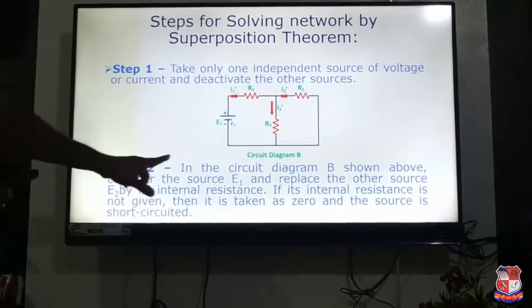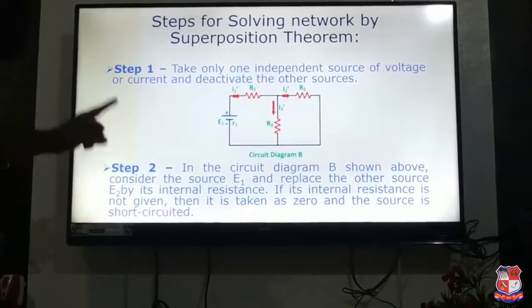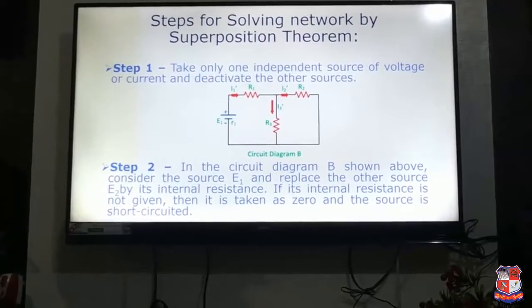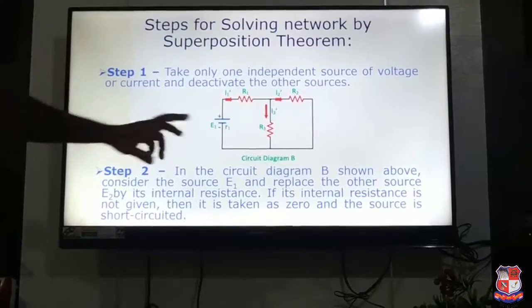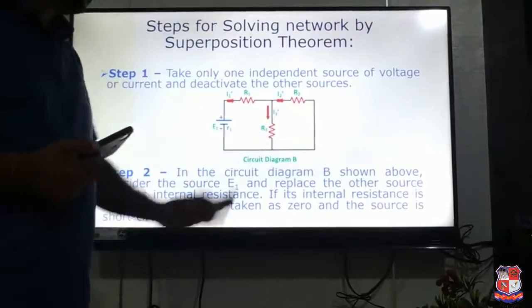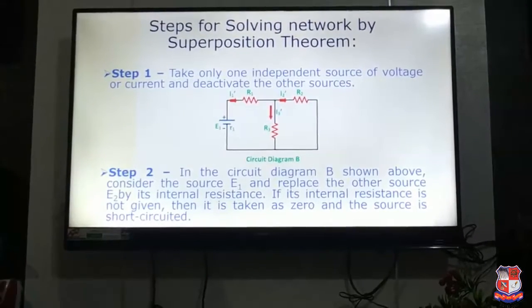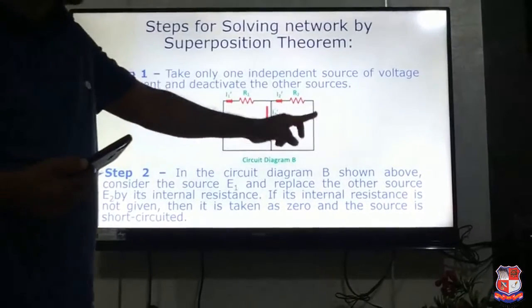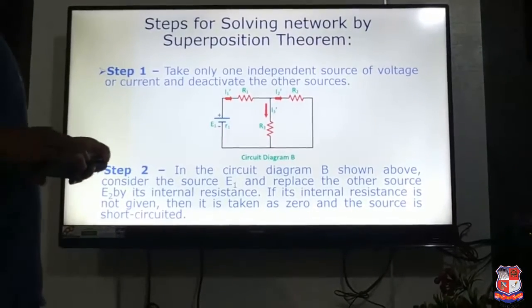Step 2. In the circuit diagram shown above, consider the source E1 and replace the other source E2 by its internal resistance. If internal resistance is given, then replace it by internal resistance or directly short circuit. If its internal resistance is not given, it is taken as 0. So here we are taking internal resistance as 0, so it is directly short circuited.